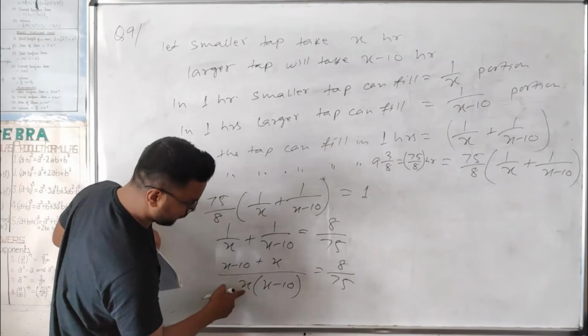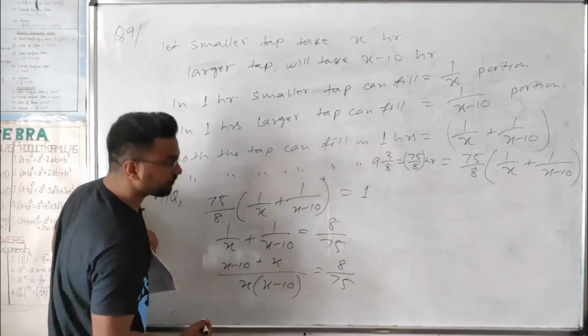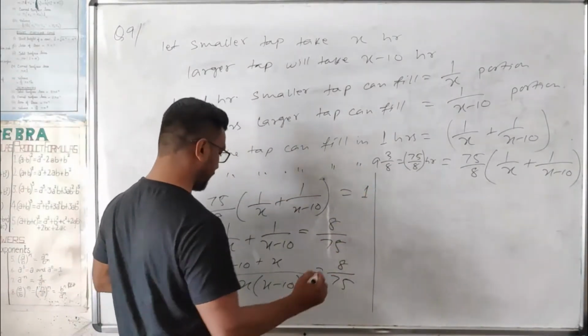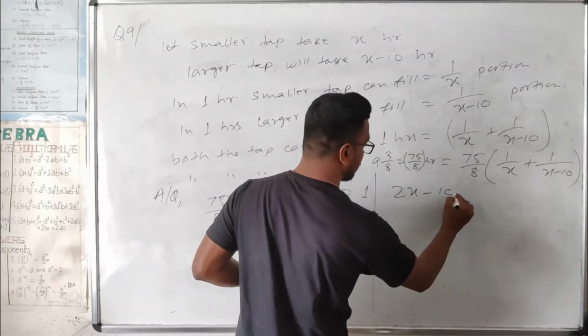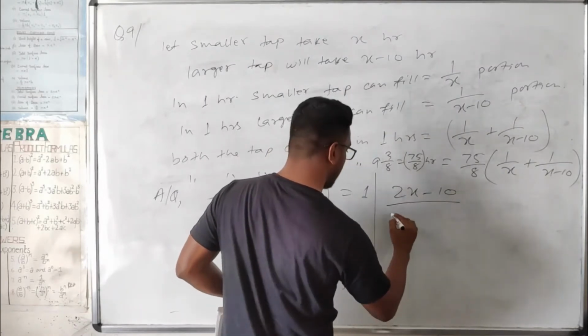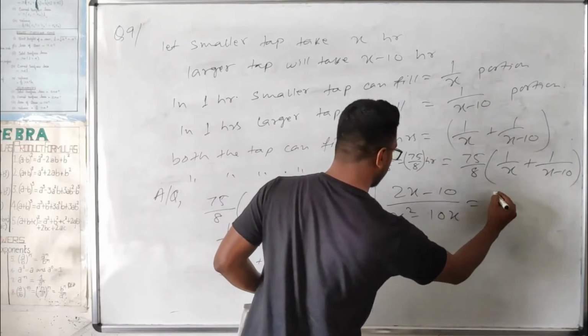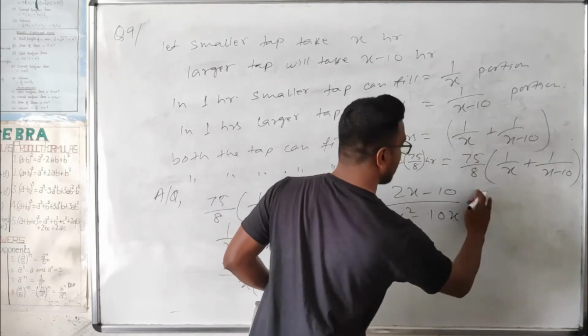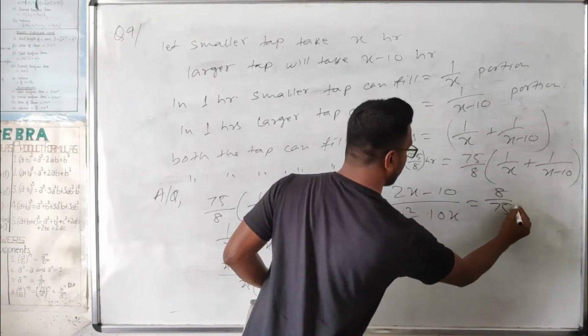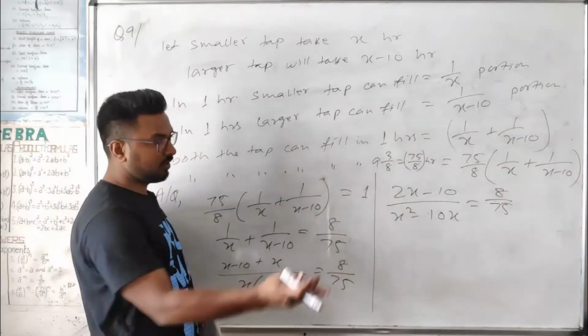So this will become, let me write here, twice x minus 10 by x square minus 10x equals 8 by 75. Fine. Now cross multiply.